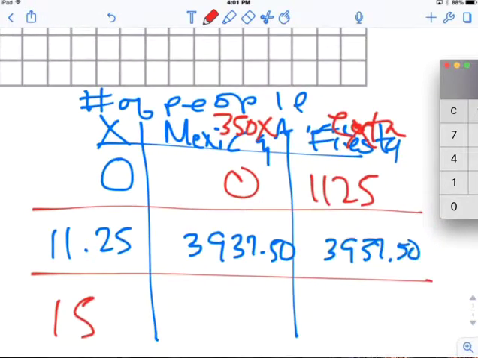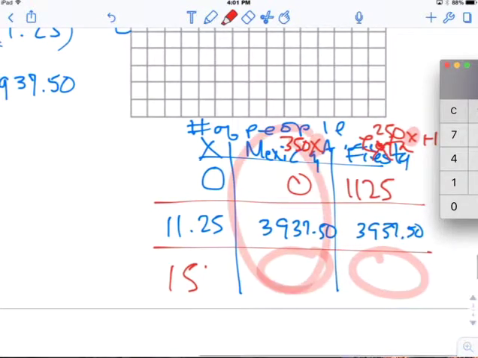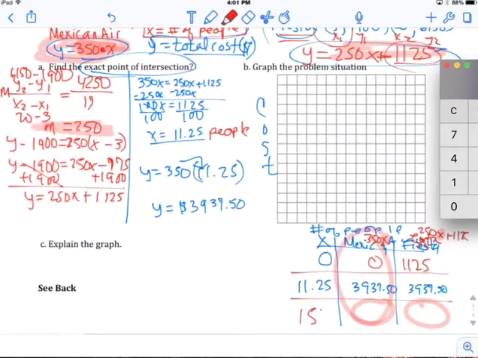Okay, this is 250x plus that. Just substitute in 15 where x is right there. Get the answer here. Substitute this 15 in the x. Get your answer here. Graph Mexican Air first. Label it.